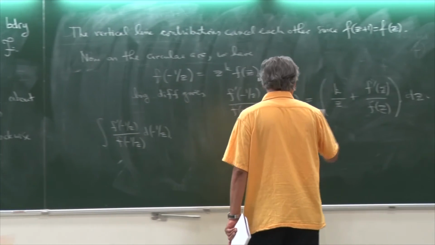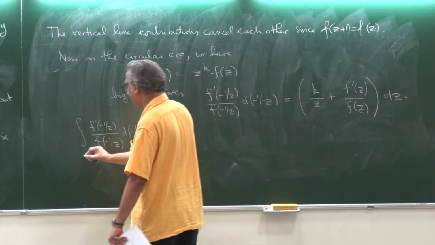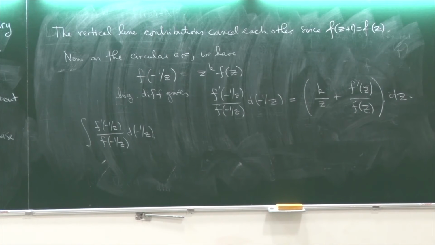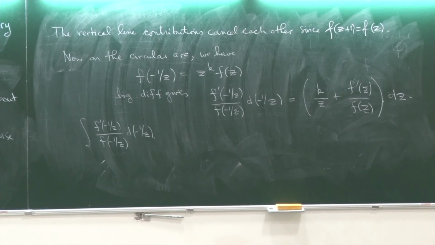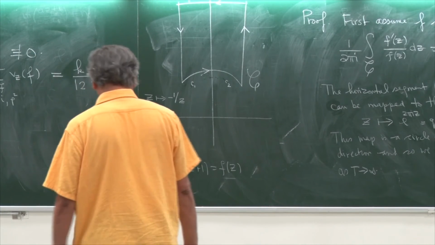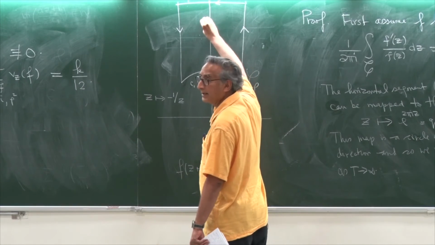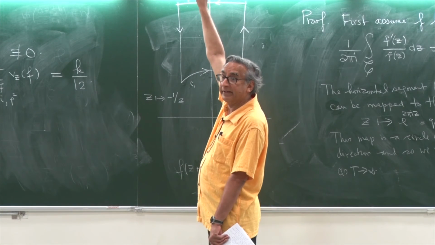A little bit of thought will show you the integration of this on the first arc, so let's call this C1 and this C2. The point is I choose t sufficiently large so that all the zeros are inside here, except perhaps the zero at infinity.